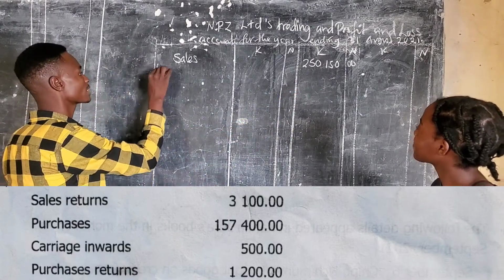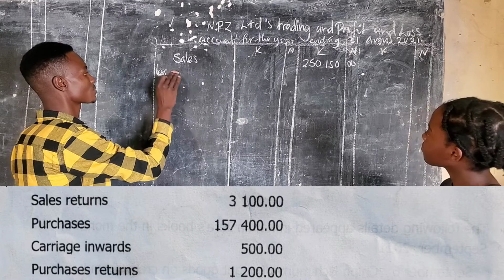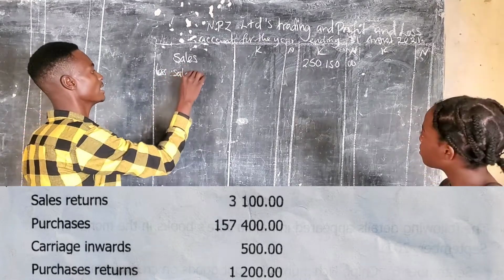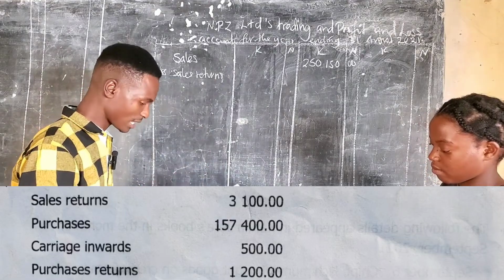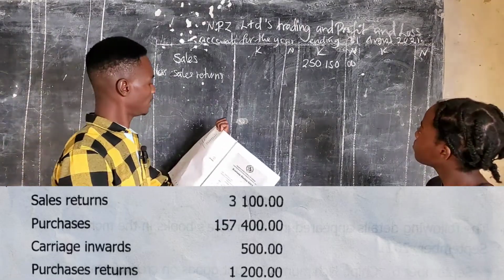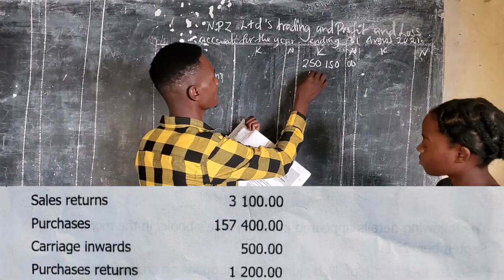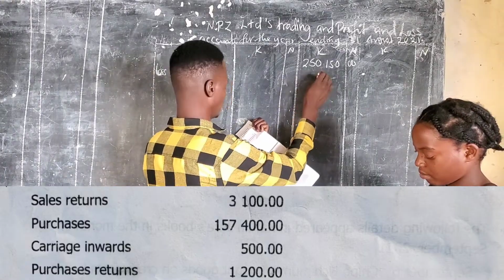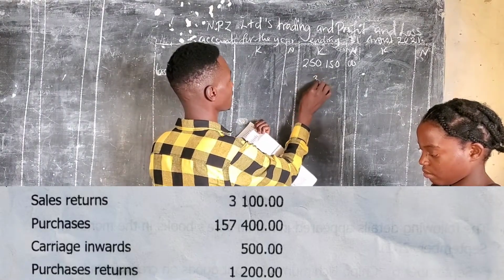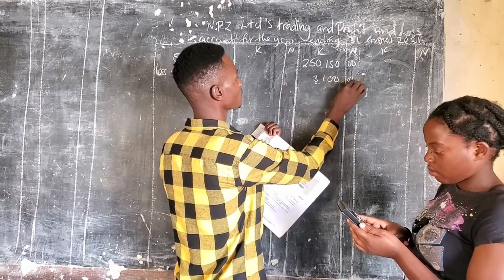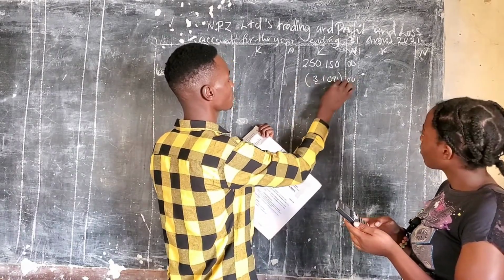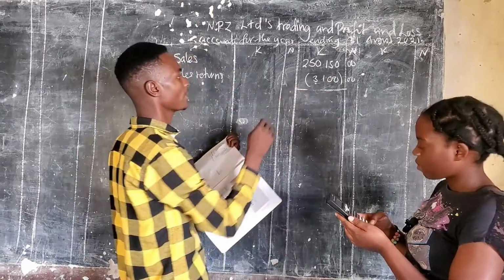Since we're subtracting, we're going to write less sales returns, and sales returns amount to 3,100.00 Ngwe. We are subtracting, so let's put brackets to show that we are subtracting.